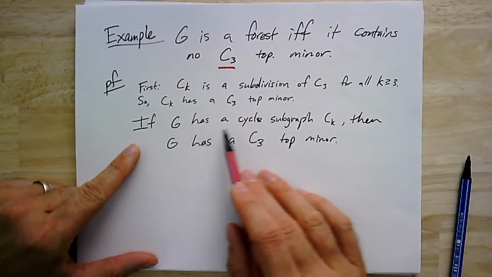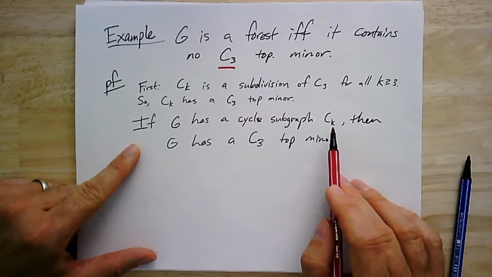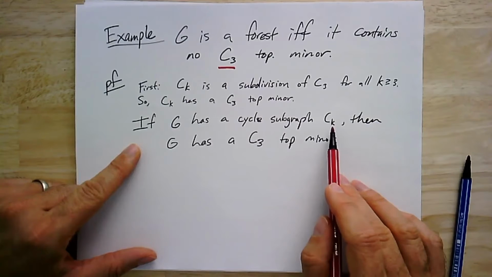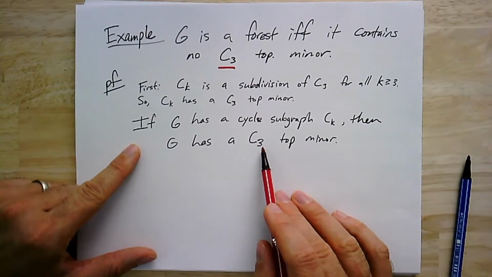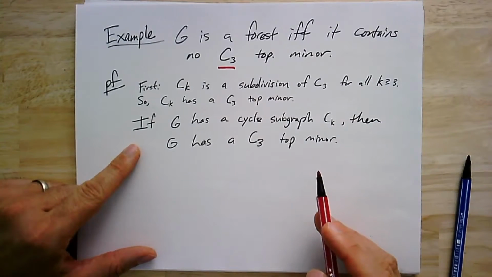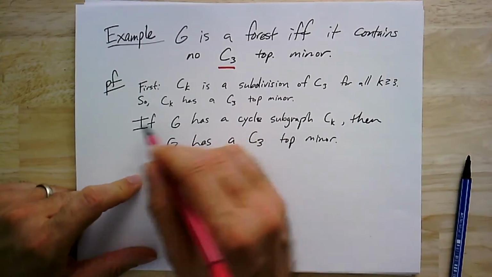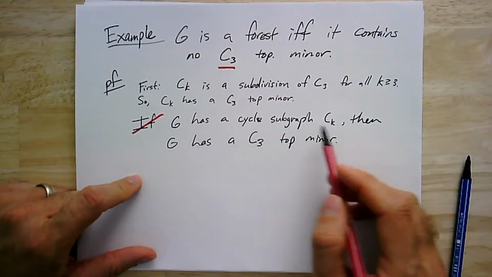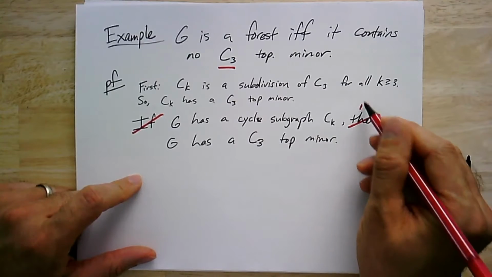And so if G has a cycle as a subgraph, some CK as a subgraph, then it also has C3 as a topological minor. But something stronger is true, of course: in fact, the converse is also true.